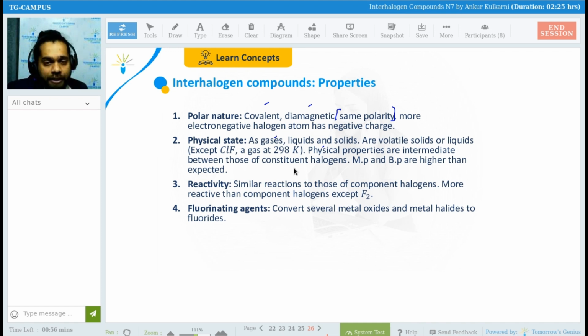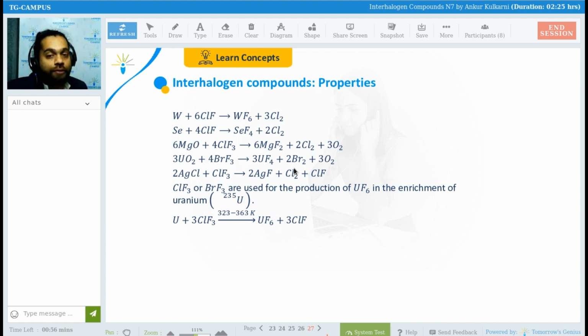Now reactivity: they show reactions similar to those of the component halogens, being more reactive except for fluorine. They can be used as fluorinating agents, so we have IF7 and its reaction. A fluorinating agent means we react it with metals and fluorinate the metal.